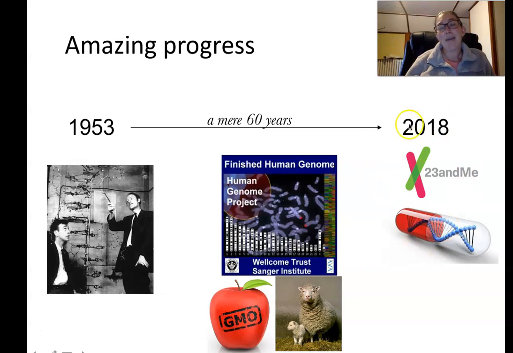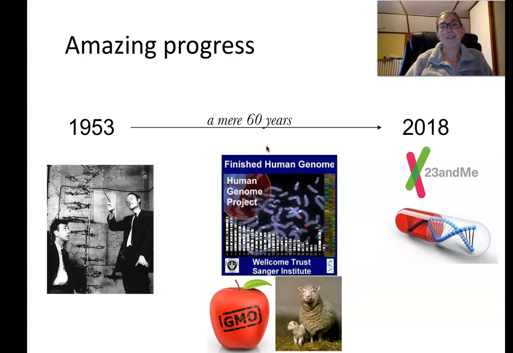And now, I mean, it's 2020 now, not 2018, but you can pay 50 or $100 and spit in a tube and send it to a company, and they will sequence your entire genome and send you the sequence of your genome. It's just crazy that we've had that much advance. The first human genome sequence took, I don't know, 10 years or something.